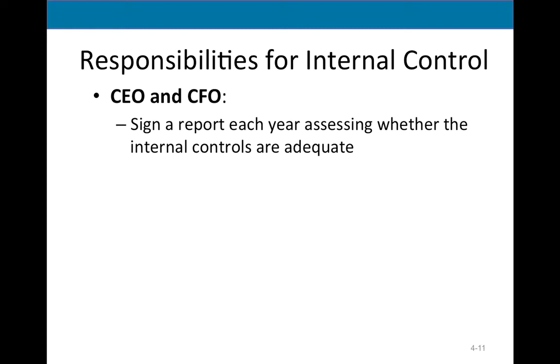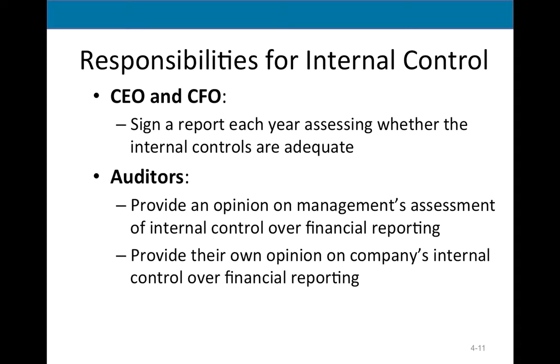So the CEO and CFO, as I mentioned, sign a report each year assessing whether the internal controls are adequate, and then the auditors provide an opinion on management's assessment of internal controls over financial reporting, and they also provide their own opinion on companies' internal control.